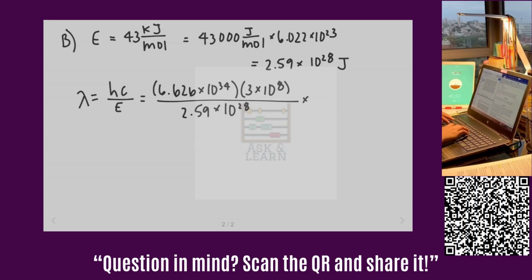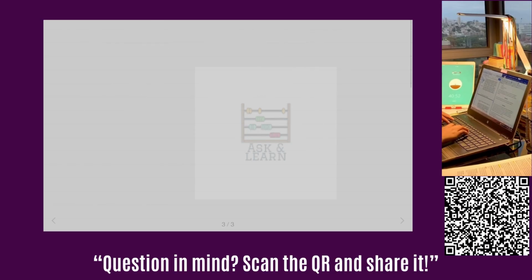And then we will also need to multiply that by 1 times 10 to the 9th in order to get it in terms of nanometers. And then when we multiply all of that out, we get an answer of 7.68 times 10 to the negative 45th nanometers. So that is a big no. It will not show up in that range.